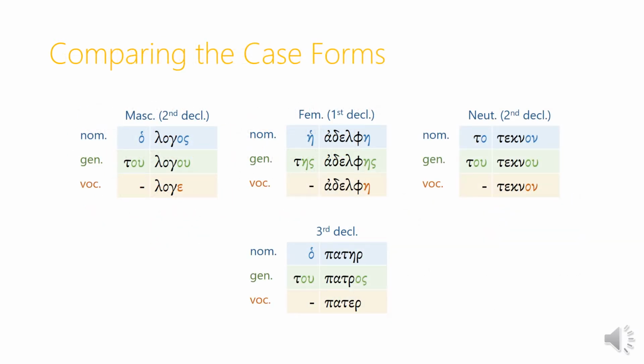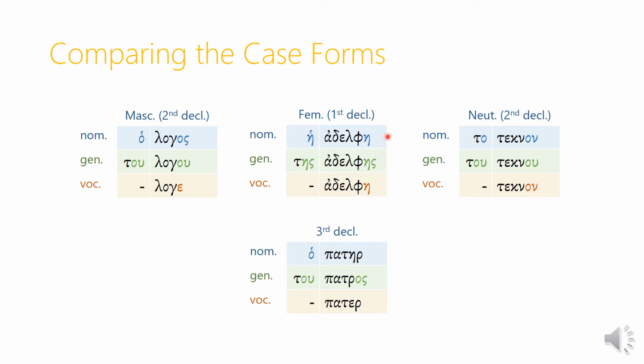Let's compare the case forms then for the cases that we've already learned. In masculine second declension nouns, we have ho logos, then the genitive tu logu, and the vocative loge. For feminine first declension nouns, we have he adelphe for the nominative, the genitive is tes adelphes, and the vocative is just adelphe.